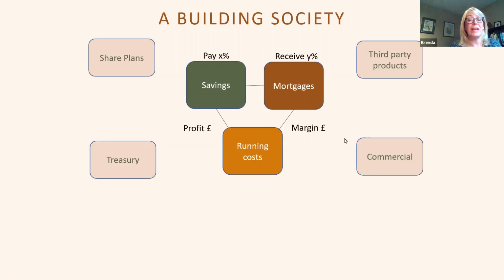And then we had a commercial lending arm as well. We don't just give mortgages to people wanting to buy homes, we gave mortgages to business people looking to buy business property. So there were other income streams helping this core part of the building society to exist, and that extra income was going back to the members to help give them better rates.